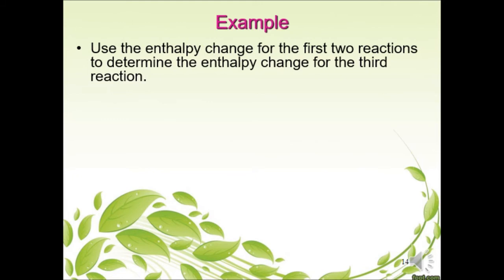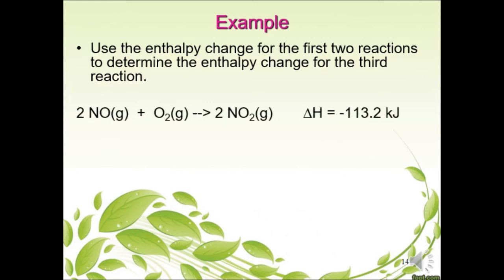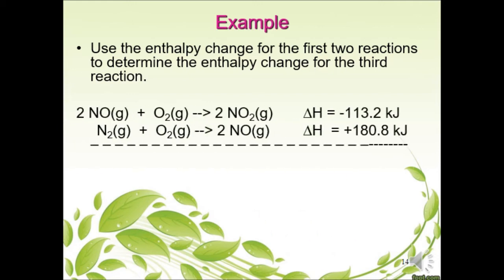Let's look at an example here. Use the enthalpy change for the first two reactions to determine the enthalpy change for the third reaction. Hess's law. So the third reaction would be this one. You can cancel here. N2 plus 2O2, you get 2NO2. And then it is being reversed.